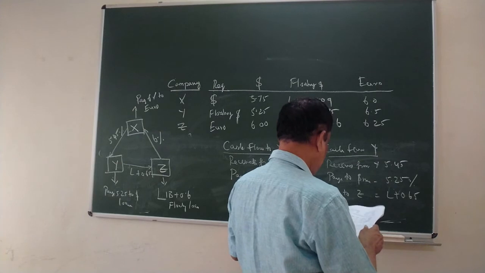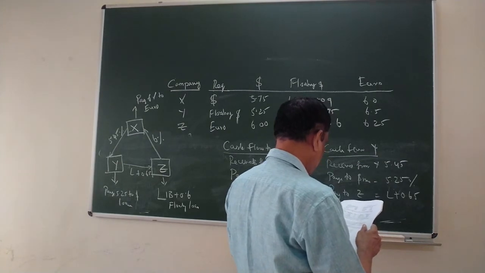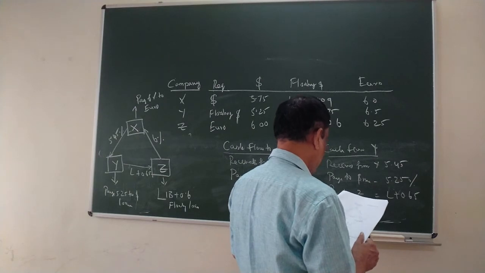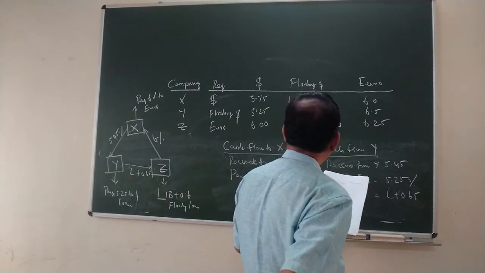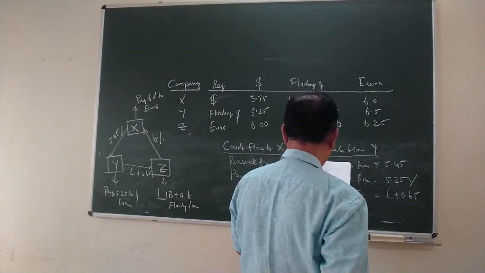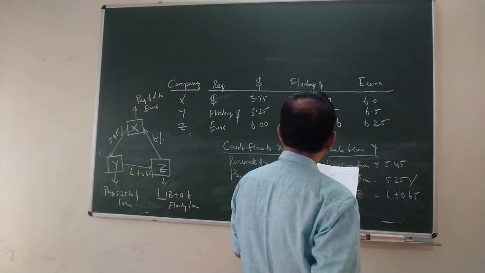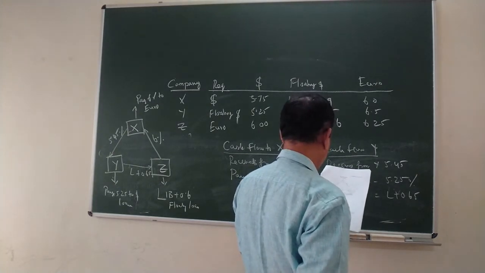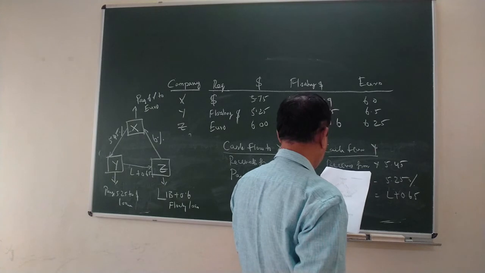And they will be paying to Z at L plus 0.65.